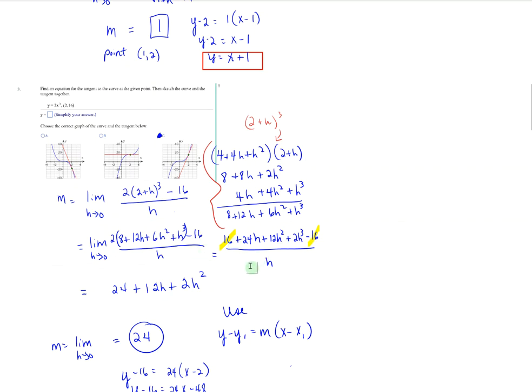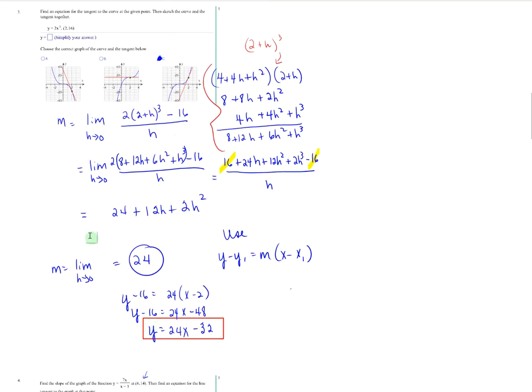And then the h's, and I didn't show that, but the h there and the h that you'd factored out are gone. So we now have this, and the limit as we take h to 0, these two terms are gone, and we're left with 24. Use the point slope form, fill in your pieces, and you get 24x minus 32.